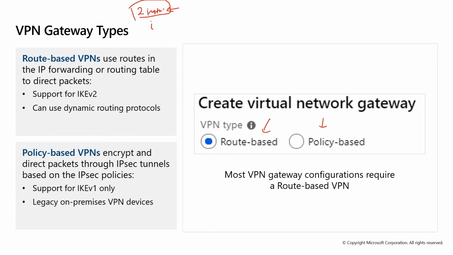If there is planned maintenance, within 30 seconds the other VPN can take over and start handling things. For any unplanned maintenance, it can take up to 5 minutes to switch between the VPNs.